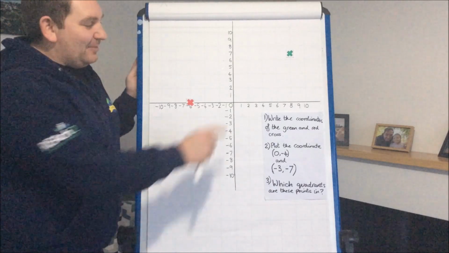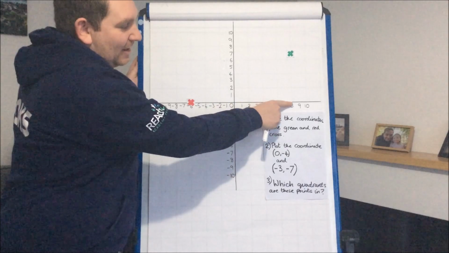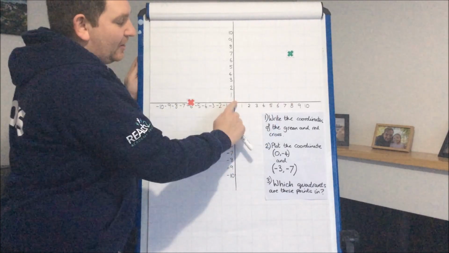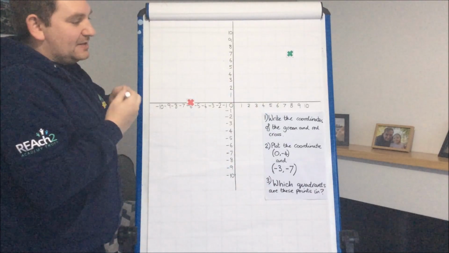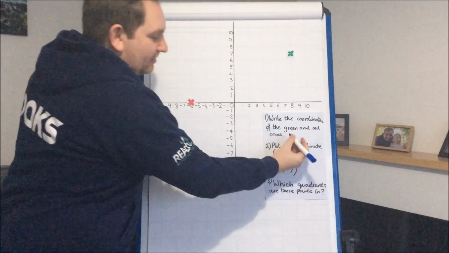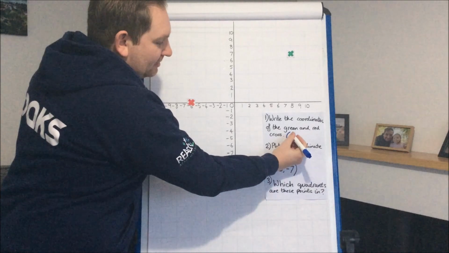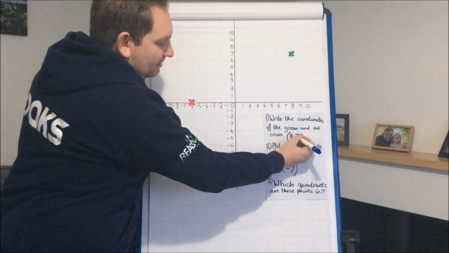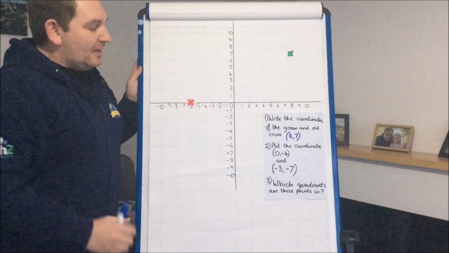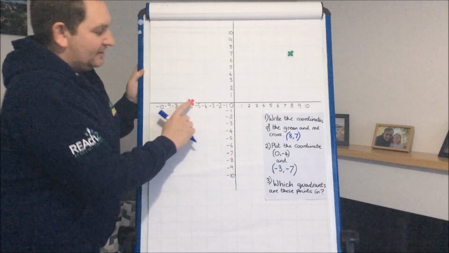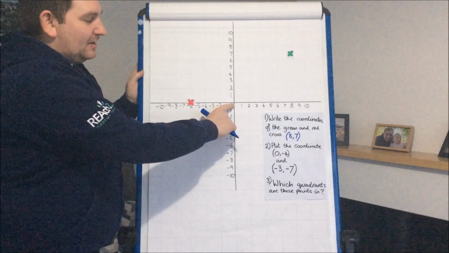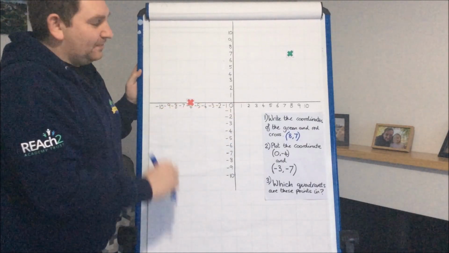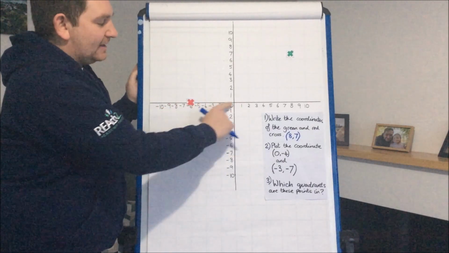Right then, we go along the x-axis and we get to 8. If we go up the y-axis, we get to 7, which tells us that our coordinates for the green cross are 8, 7. Then if we look at the red cross, now this can be quite tricky because again it's on the actual axis. So firstly we go along the x-axis.